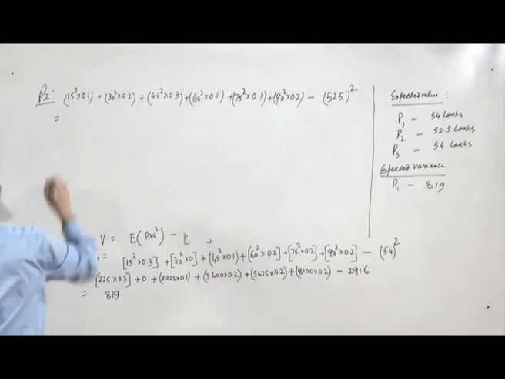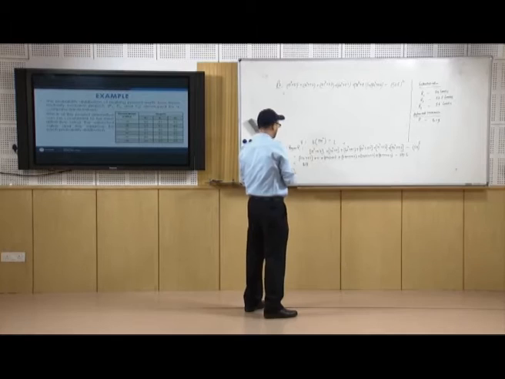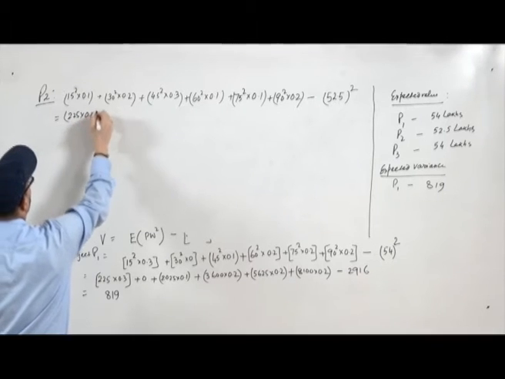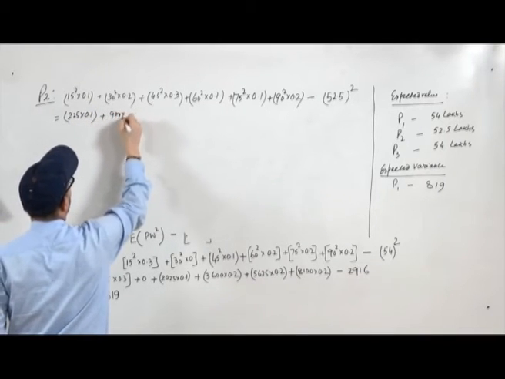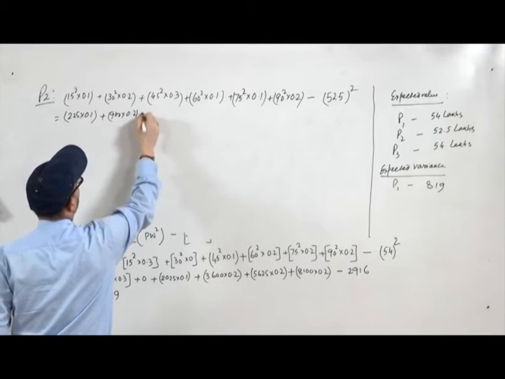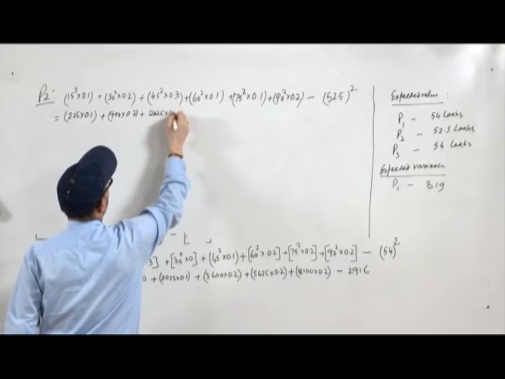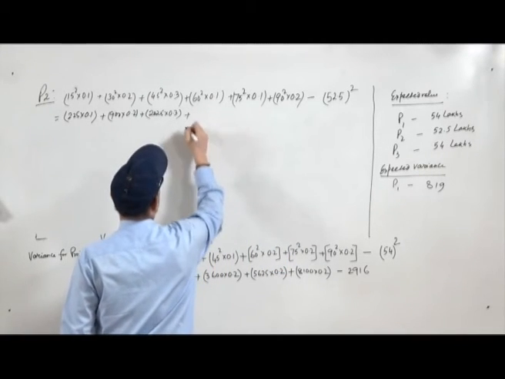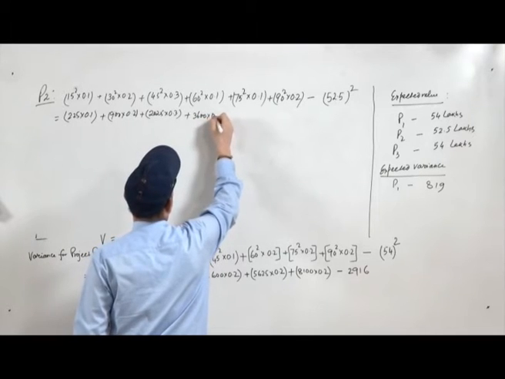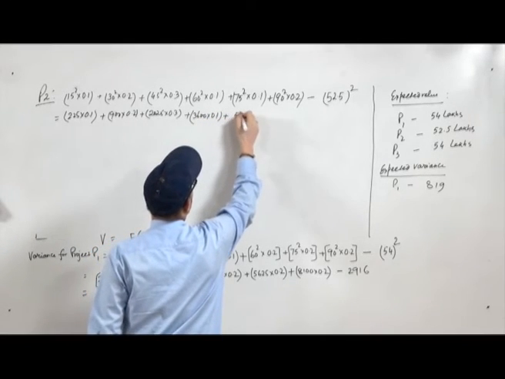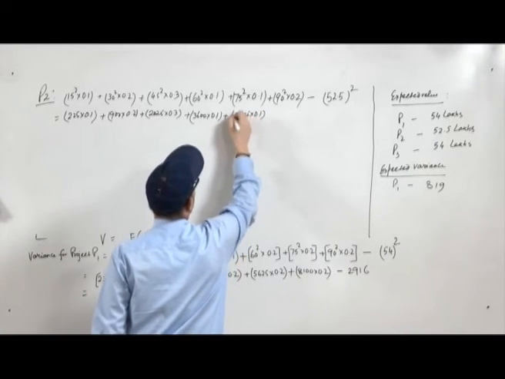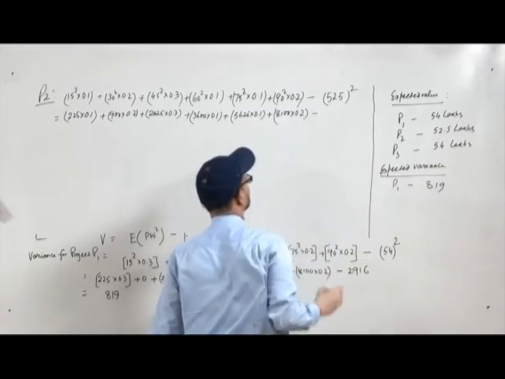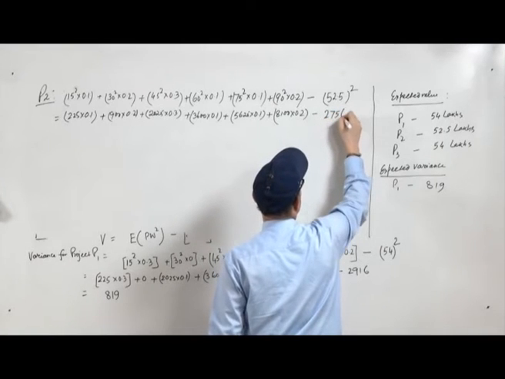So, this will be equal to 225 multiplied by 0.1 plus 900 multiplied by 0.2 plus 2025 multiplied by 0.3 plus 3600 multiplied by 0.1 plus 5625 multiplied by 0.1 plus 8100 multiplied by 0.2 minus 2756.25.